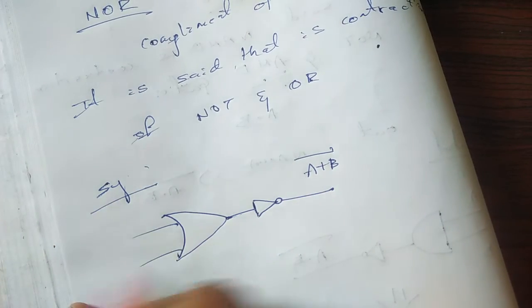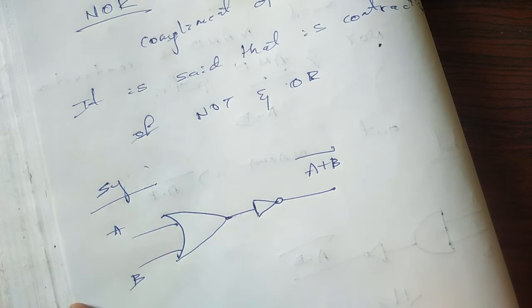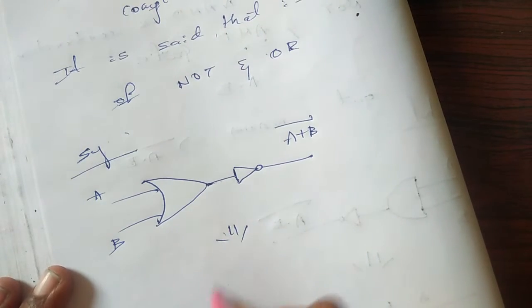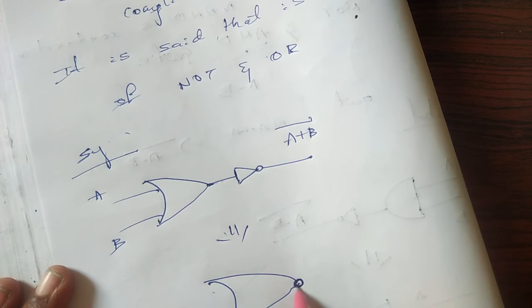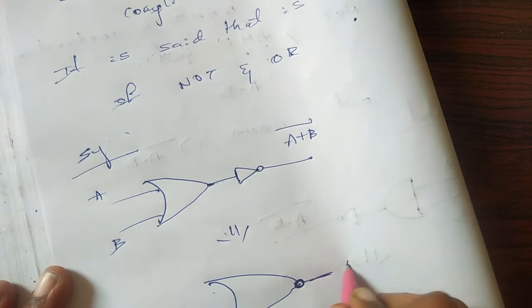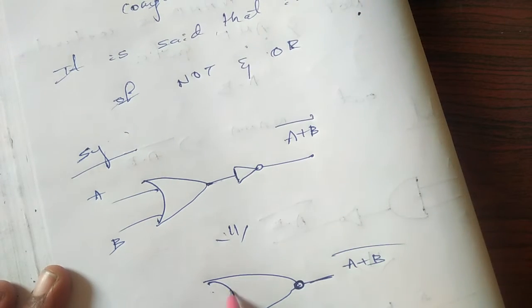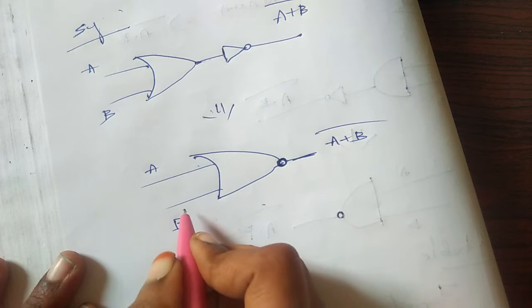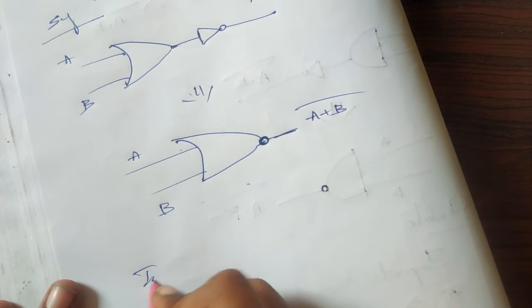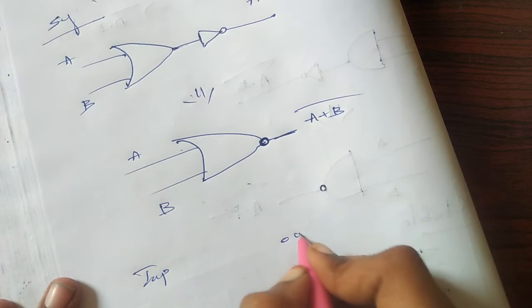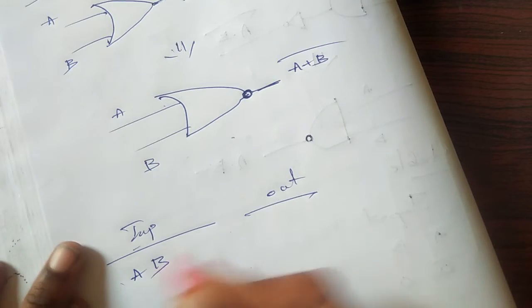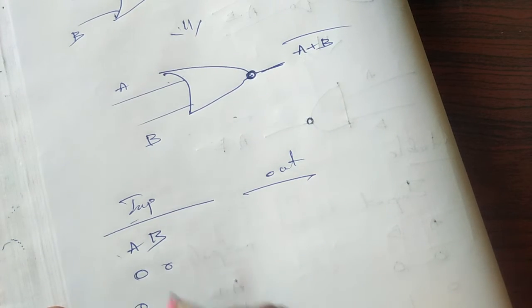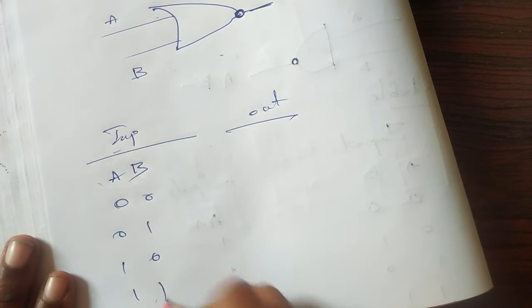Here the inputs are AB. So it is equivalent to a bubble. Bubble implies inversion operation. So (A plus B) whole bar, if inputs are AB. So what is the truth table? For the inputs and output AB, we get the four combinations 0 0, 0 1, 1 0 and 1 1.